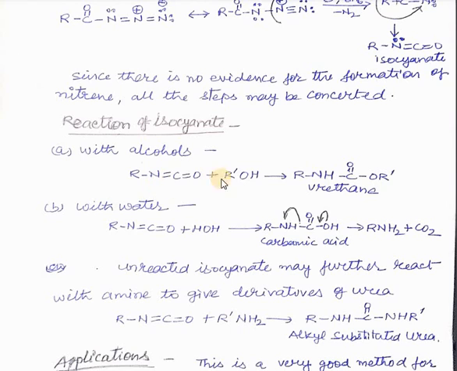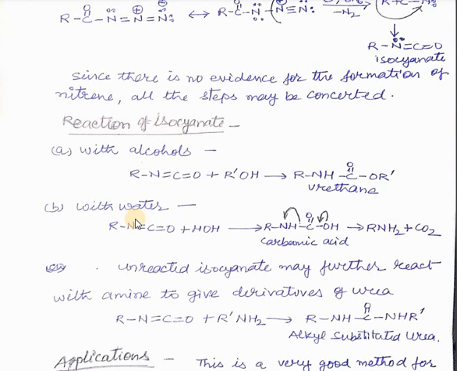Hydrogen is added to the nitrogen atom, and OR to the carbon atom, so we obtain RNHCOOR'. Urethane is obtained by addition of the alcohol on the C=N bond.